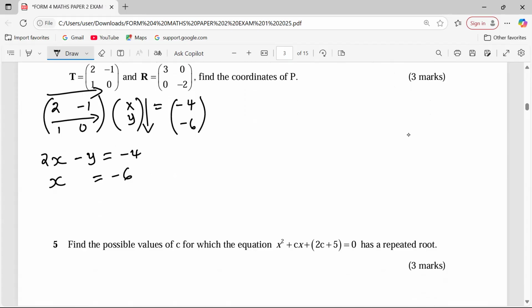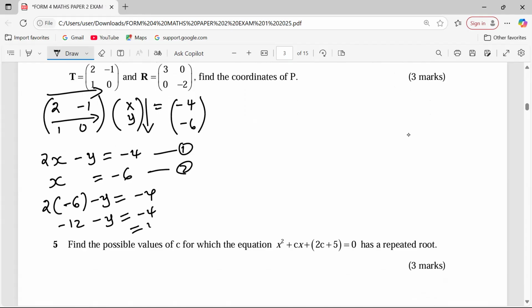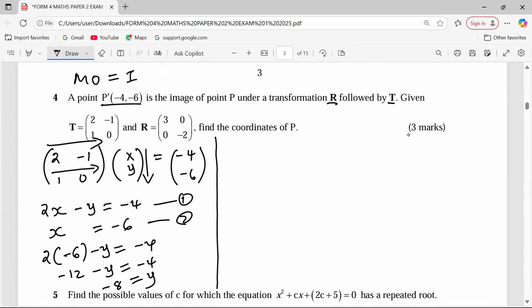That means y can be obtained from the first equation: 2x minus y equals -4. So -12 minus y equals -4. Y can be positive here. And then we shall have -12 plus 4 being -8. So there is the first image of P.